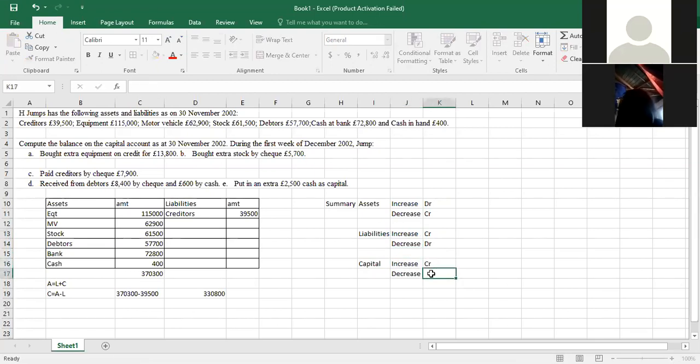When they decrease, we debit. So you can forget everything else in this class, but don't forget these three. When assets increase, we debit. When they decrease, we credit. When liabilities and capital items increase, we credit. When they decrease, we debit. That is double entry. Nothing more, nothing less.